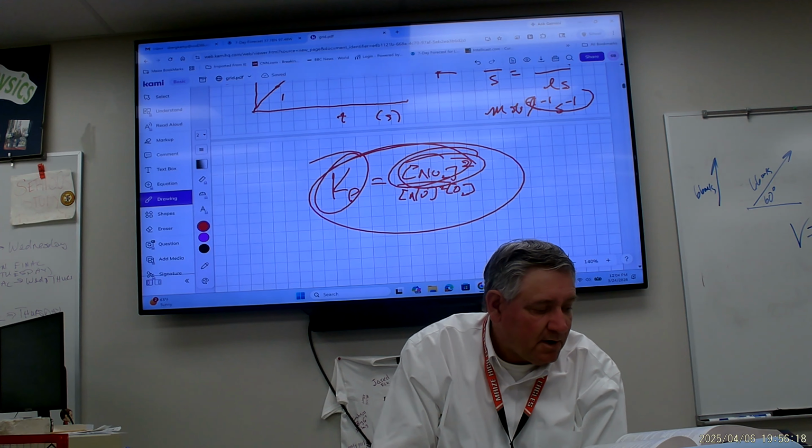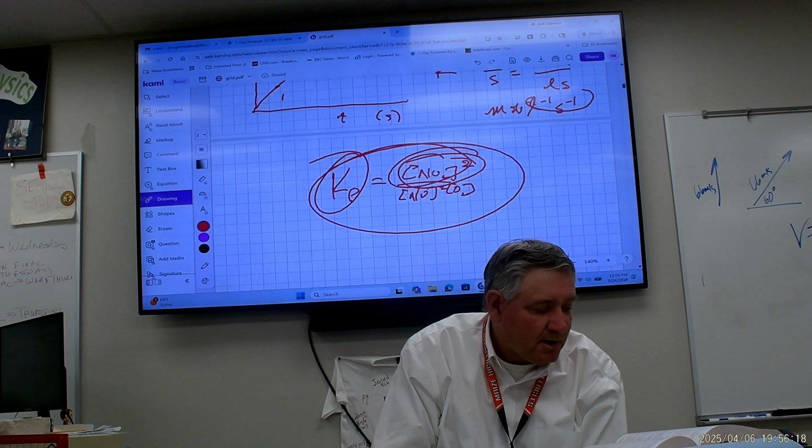Now, when you get to 42, here's one of the most important things you've got to get, and 42 and 43 are both two sides of the same coin. On 42, you have some generic reaction of A as a gas, B as a gas, turning into some new product, C as a gas. Everything's in the gaseous phase.